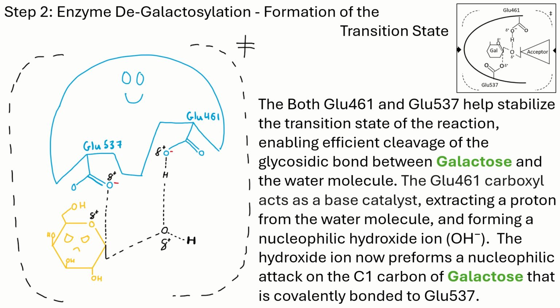The Glu461 carboxyl acts as the base catalyst, extracting a proton from the water molecule and forming a nucleophilic hydroxide ion. The hydroxide ion now performs the nucleophilic attack on the C1 carbon of galactose that is covalently bonded to Glu537.